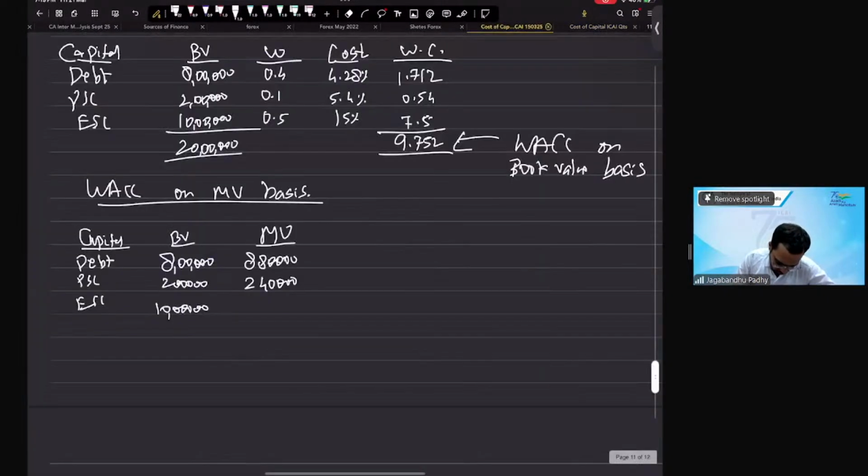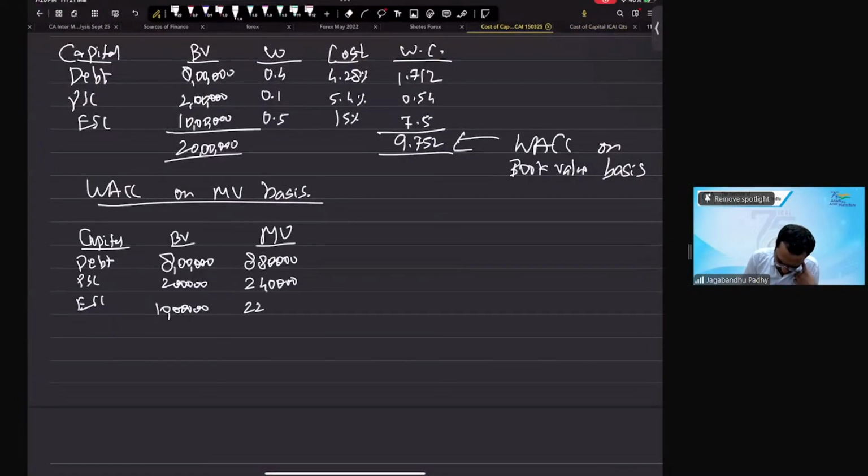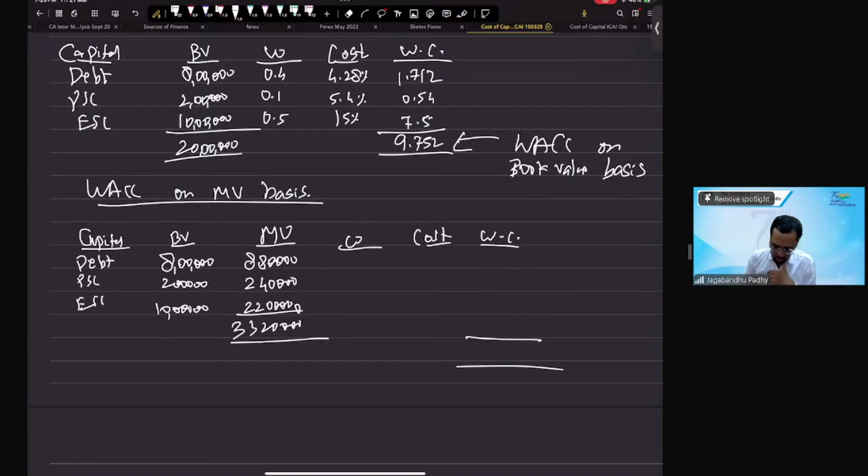Equity shares are trading at 22, with 10 lakh being the count, each of 10, so there will be 22 lakhs. Take a total: 8 lakh 80,000 plus 2 lakh 40,000 plus 22 lakh is 33 lakh 20,000. You take the weights, cost, and then weights into cost.